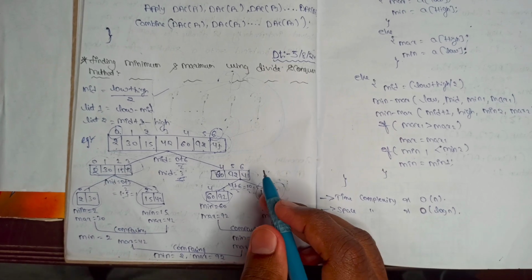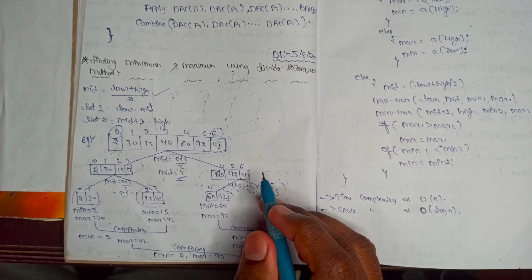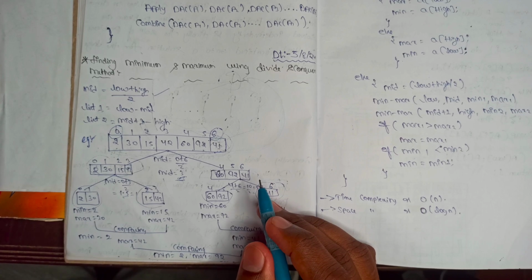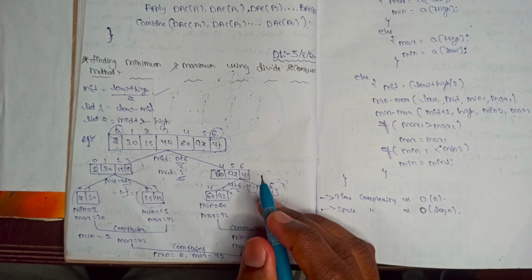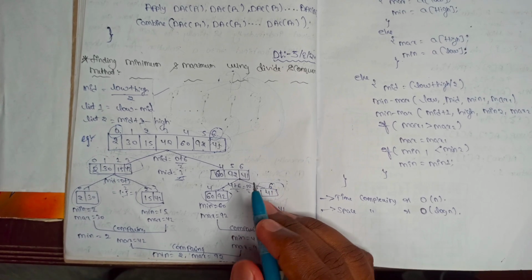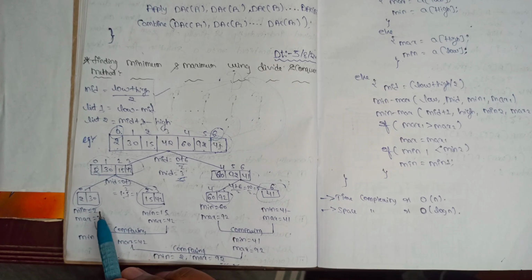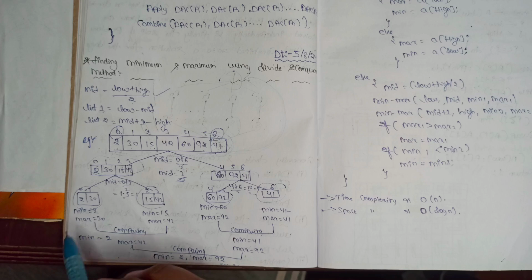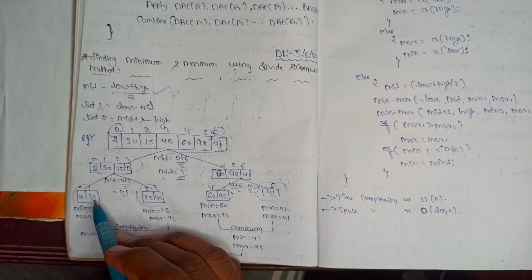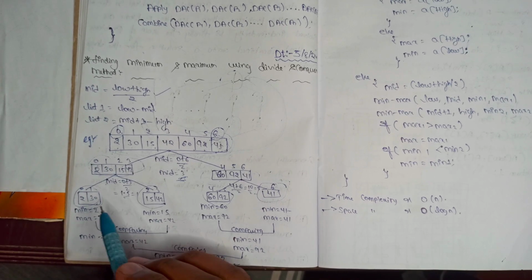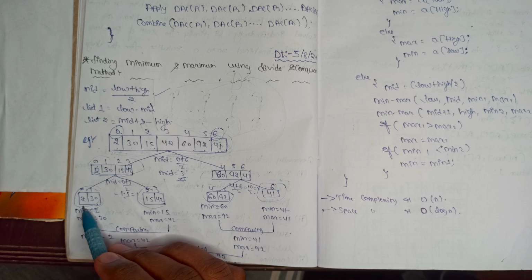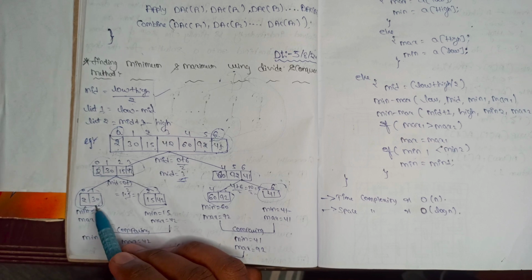So our approach is that we have to find the maximum and minimum value, right? Taking the last lists which are divided completely, the first list here is 2 comma 30. The minimum value here is 2 and the maximum value is 30.